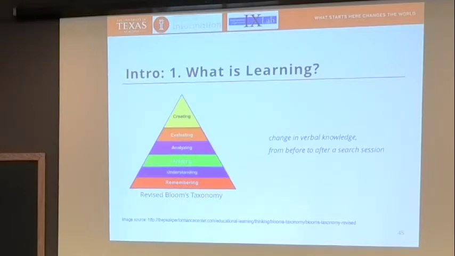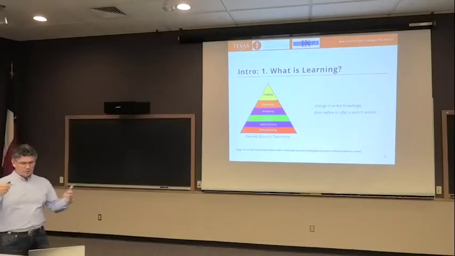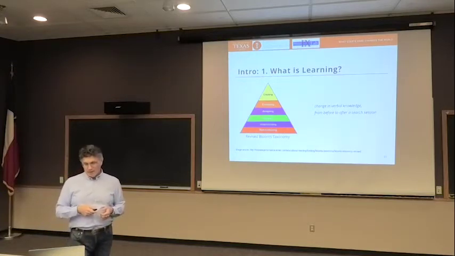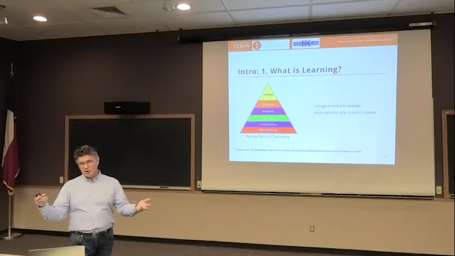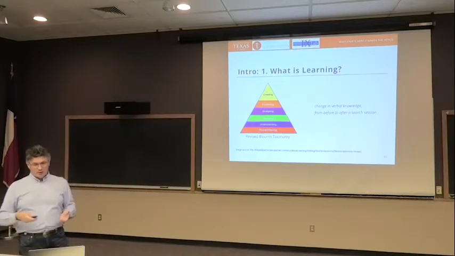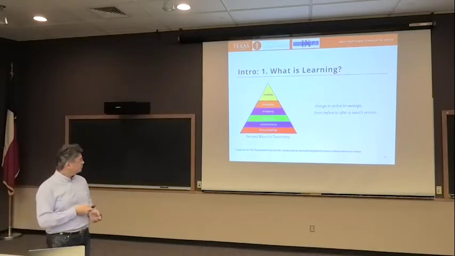And the question was, can we infer changes in verbal knowledge, that is, acquiring new words, new vocabulary, using eye tracking and some other measures, including interaction with the search system, with the websites on which people were looking for information.